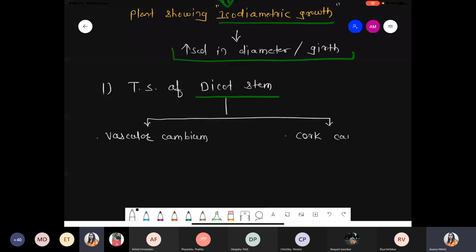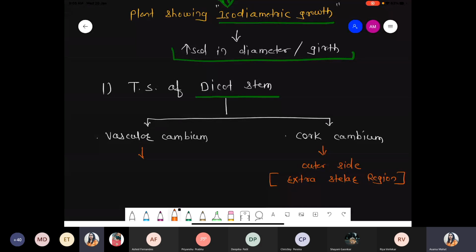That's it. Cork cambium is present basically toward the outer side. And that outer side is also called the extrastellar region. ये अपना वाला stellar नहीं है. Outer side simply it is called the extrastellar region.